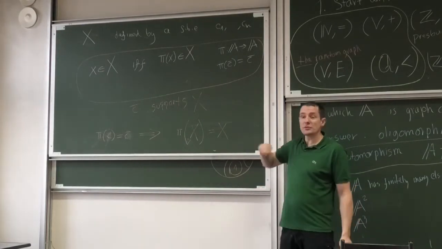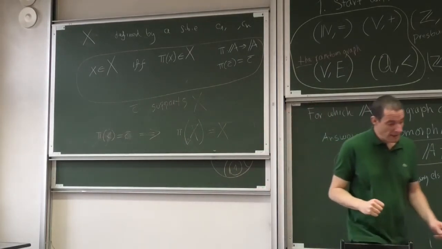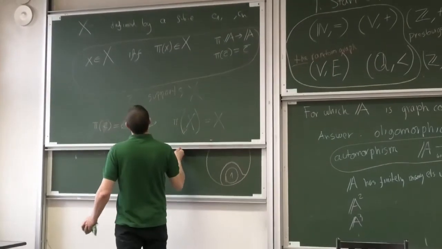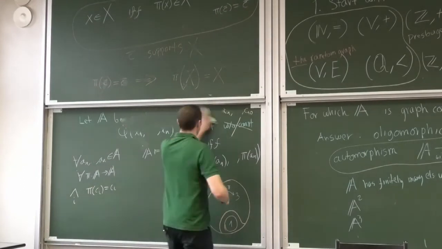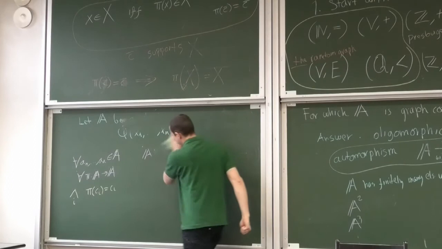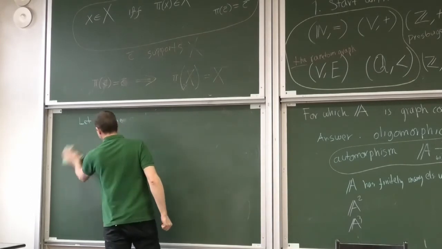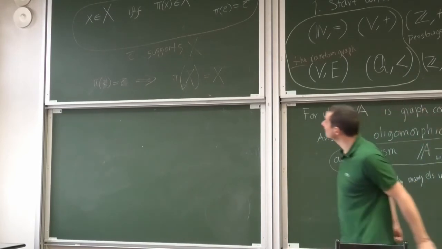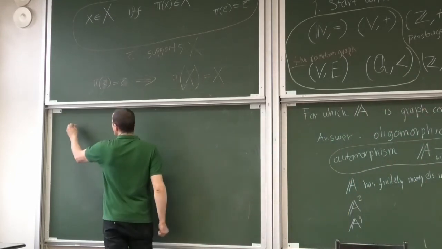So that's a notion of something supporting something else. Let me maybe write it in yet another way, which is the following. I take two automorphisms.